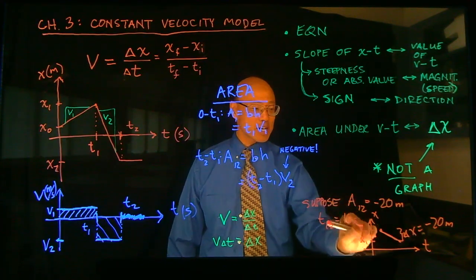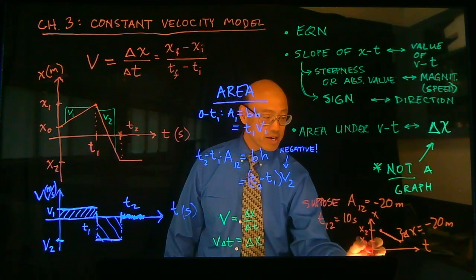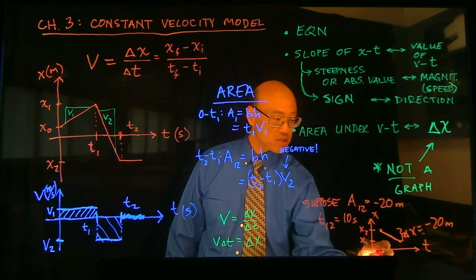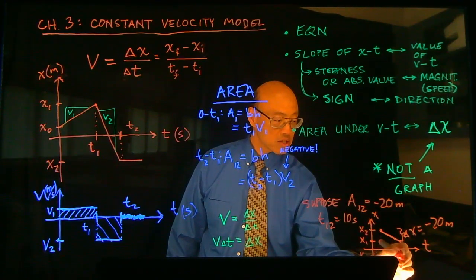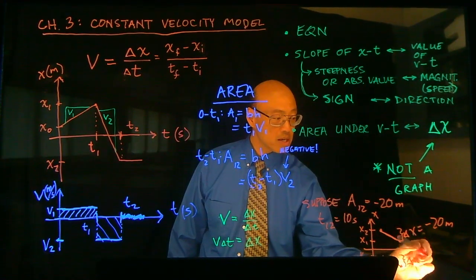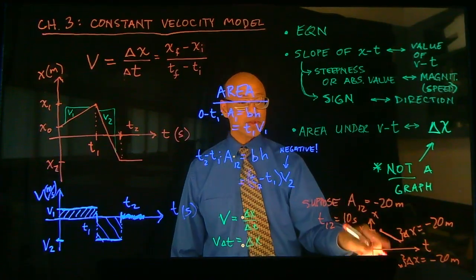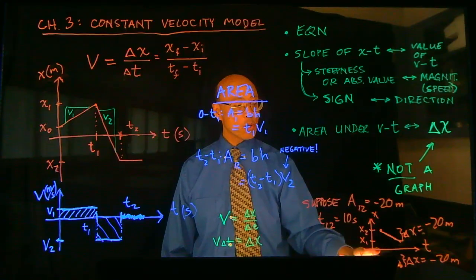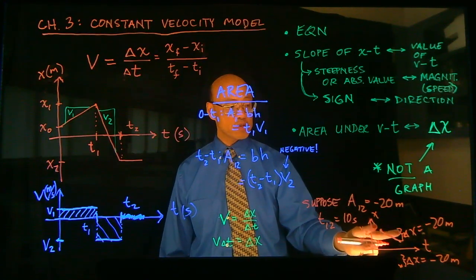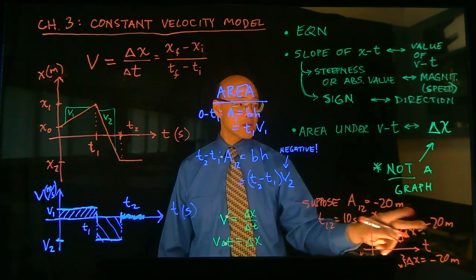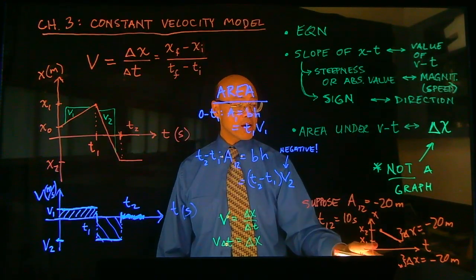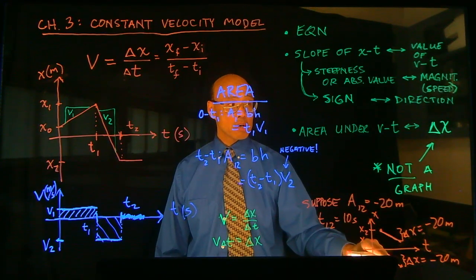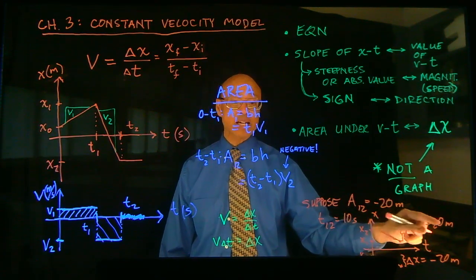It could be this. I could put these points down here. My graph would have the same orientation, and my delta x would still be minus 20 meters. Both of those satisfy the area under the graph. But I don't know where this is, right? I don't know if it started positive and ended up with a smaller positive number. I don't know if it started with a small negative number and ended up with a greater negative number. But I can tell you that my position changed by negative 20 meters.